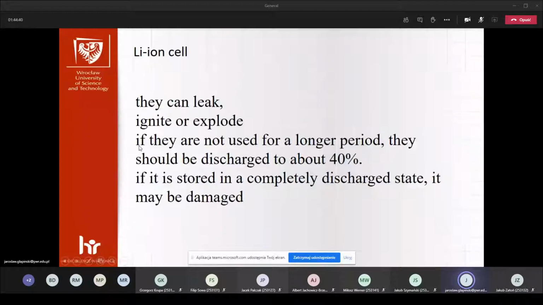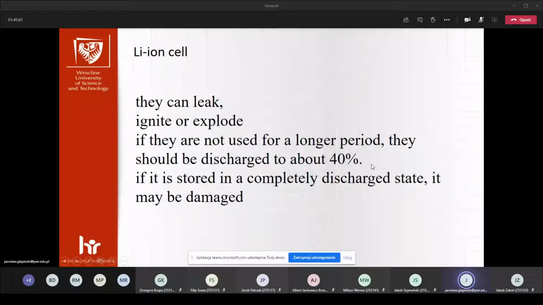The problem also is that if we store these batteries in the magazine, we probably can't store them highly charged or highly discharged, because if we store them highly discharged, they can be broken.